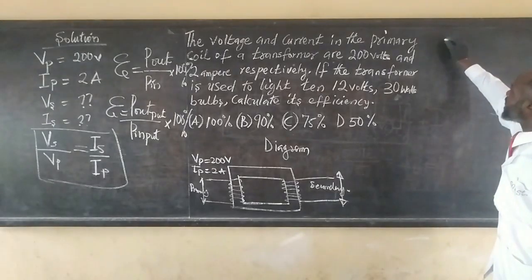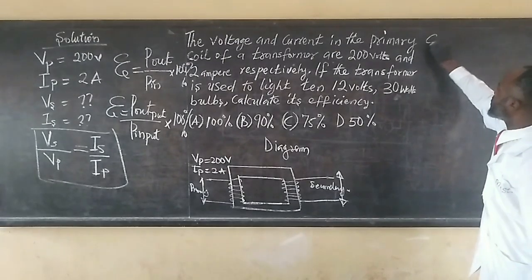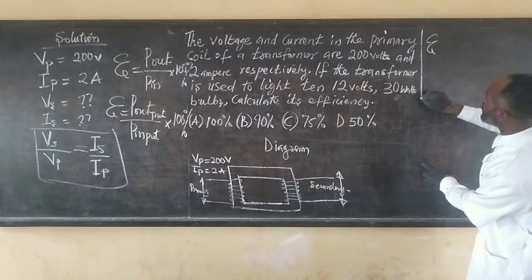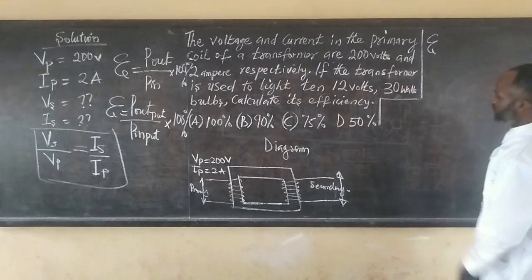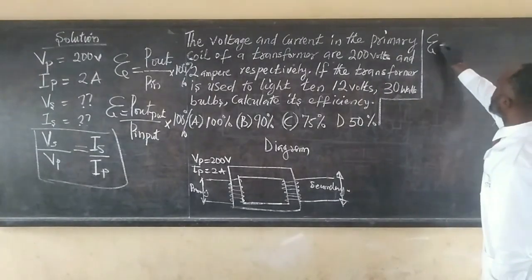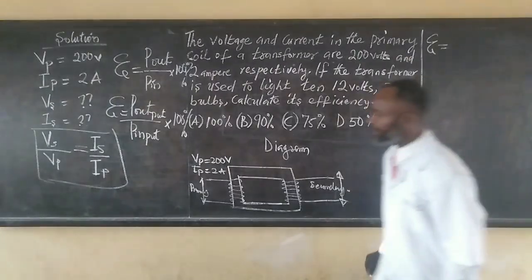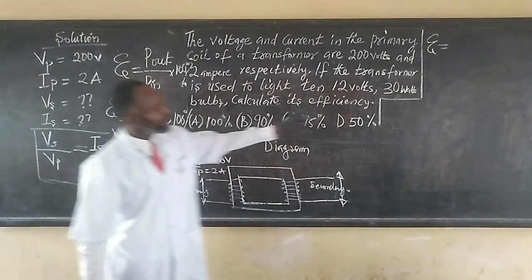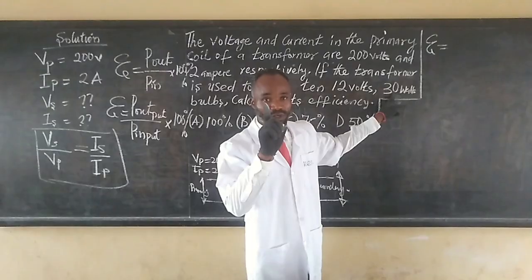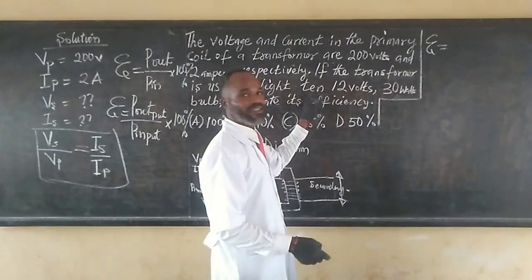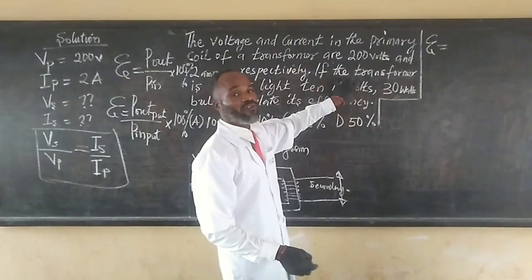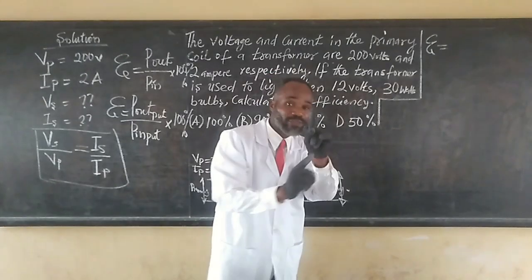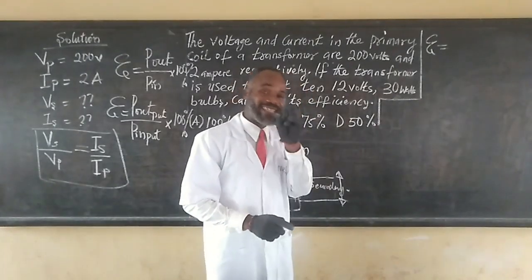So we go back to this point and say that our efficiency, now let me cross this out to avoid mixing things up, is our power output. Where is our power output? Power output is 30 for each bulb times 10. This is the voltage of the individual bulbs, no problem, but this represents the power each bulb gives. And there are how many? There are 10 in number.